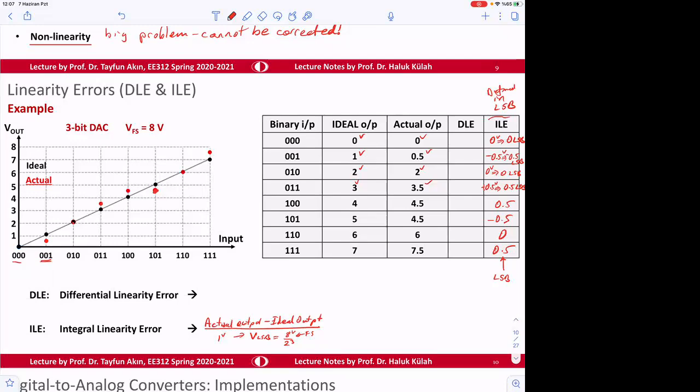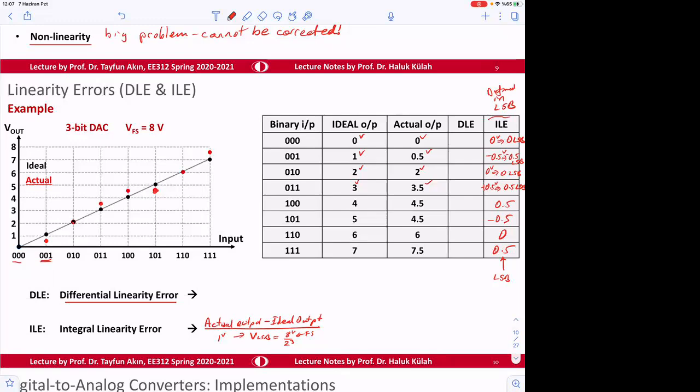But there's another error, and it is about the step. This one, differential linearity error, is an error caused by the step.